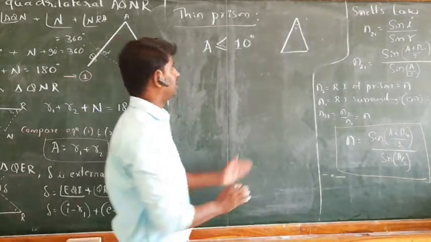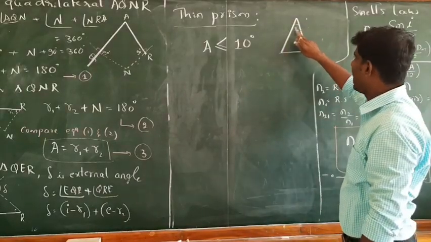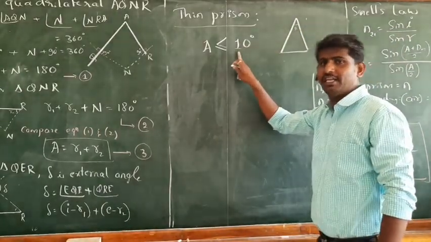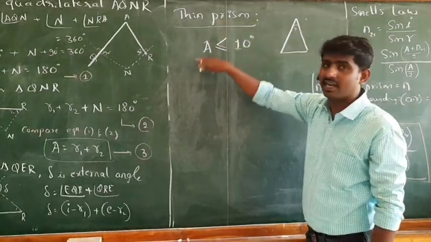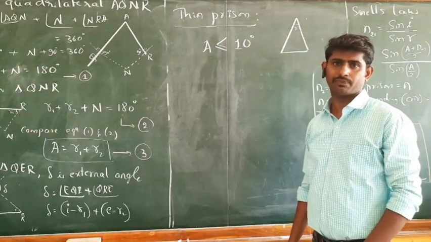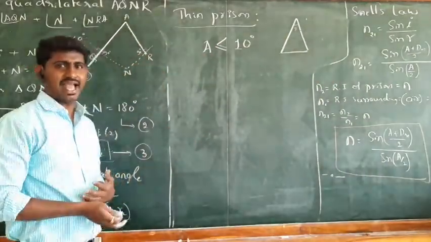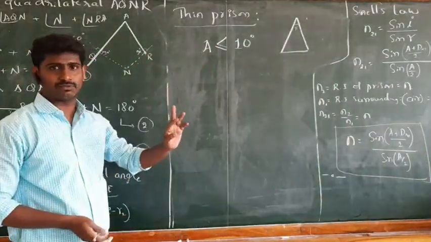The angle made by the two refracting surfaces is the angle of prism. So if this angle is equal to or less than 10 degrees, then we call the prism a thin prism.